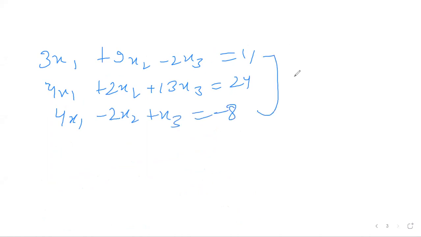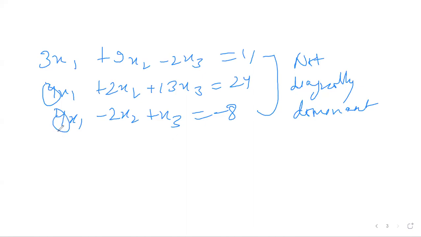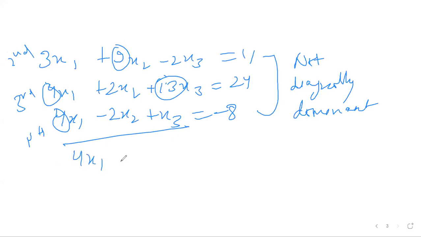First, this is not diagonally dominant, so let's rearrange the equations. The highest coefficient of x1 is 4 in these two equations. So this will be the first equation, this will be the second equation, and this will be the third equation, because the highest weights come like this. After rearranging, I get 4x1 minus 2x2 plus x3 is equal to minus 8.